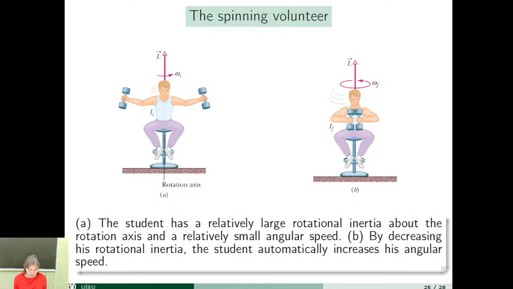The student's angular speed, omega initial, is relatively low, and his rotational inertia, I initial, is relatively high.